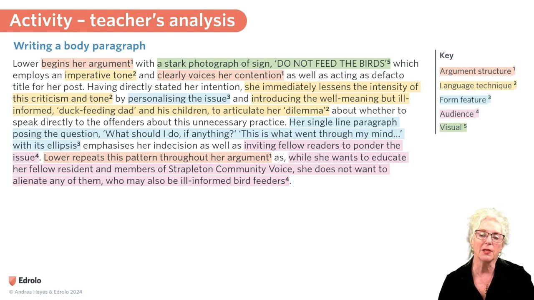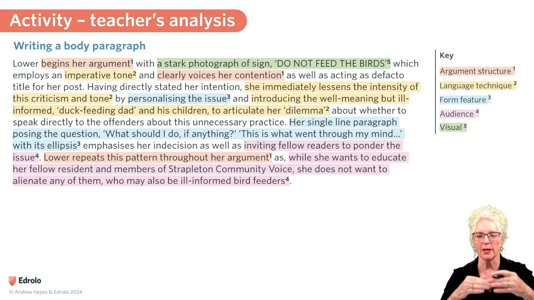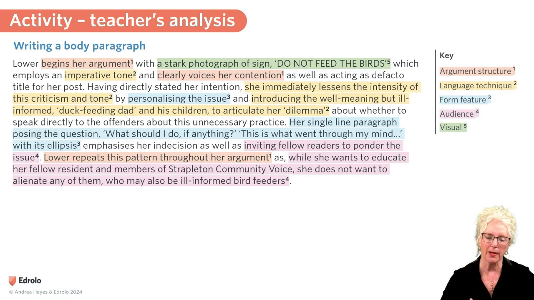Lower repeats this pattern throughout her argument, as while she wants to educate her fellow residents and members of Strappleton Community Voice, she does not want to alienate, like really put them offside, any of them who may also be ill-informed bird feeders. So I'm hoping there that I've got the first key point that she used and how she begins her argument using this dilemma, that also how it impacts on her audience.